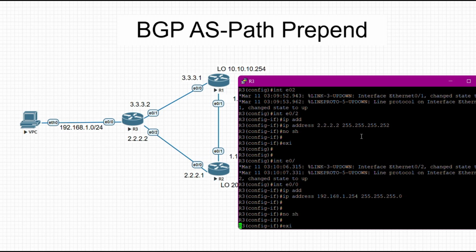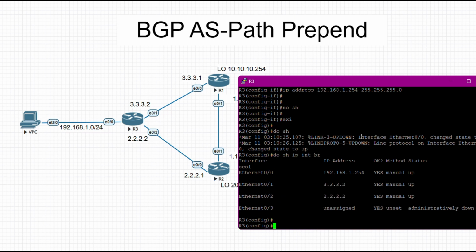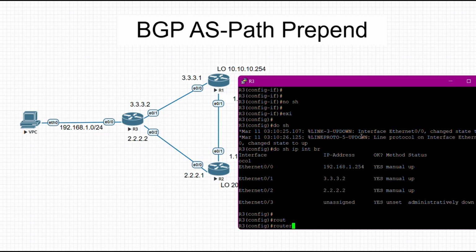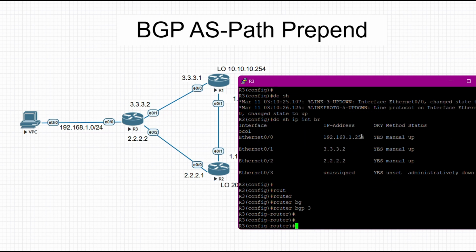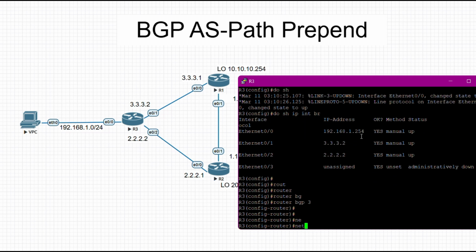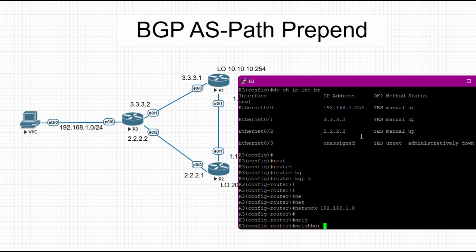Then to confirm the configuration for the interfaces, I need to check the status. Just type in do show ip interface brief. Right now we are configuring BGP. Then I need to advertise the network, the LAN subnet.